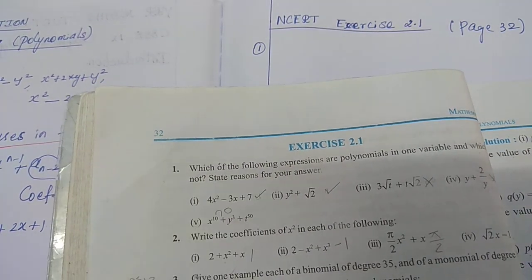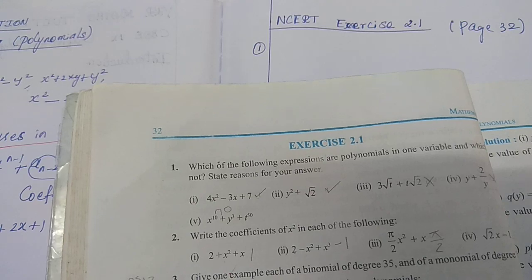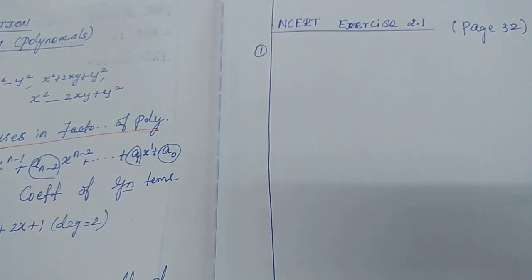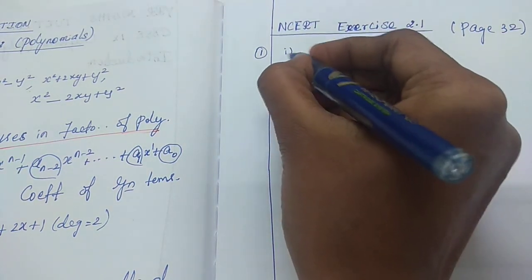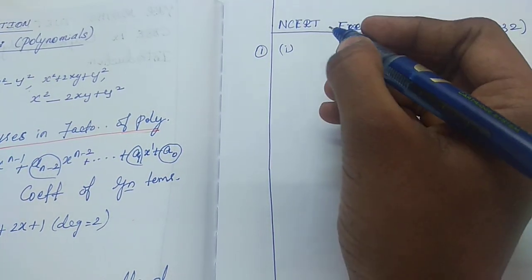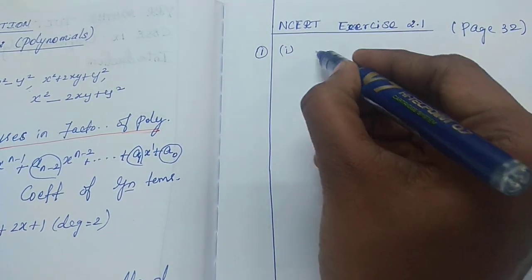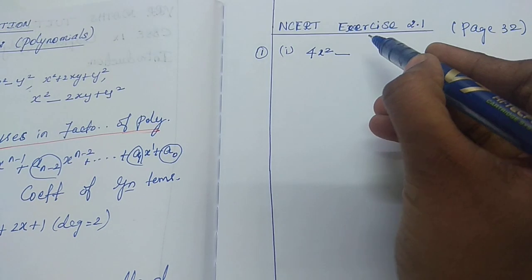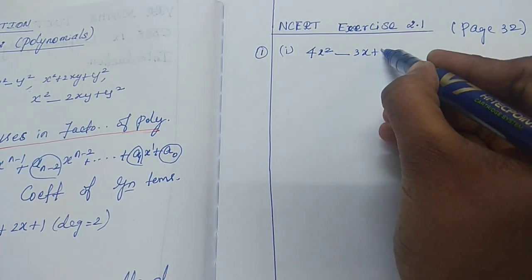Here question number 1 has 5 divisions. We move to the first division, that is 4x square minus 3x plus 7.